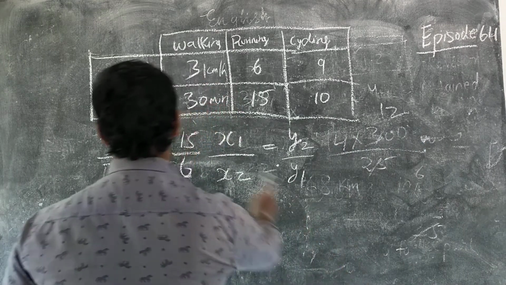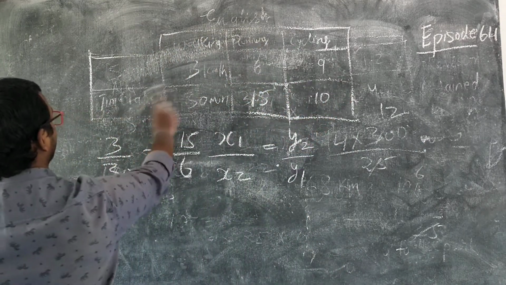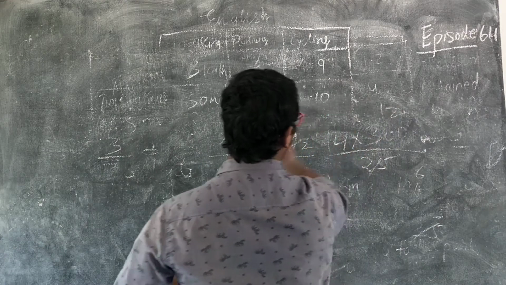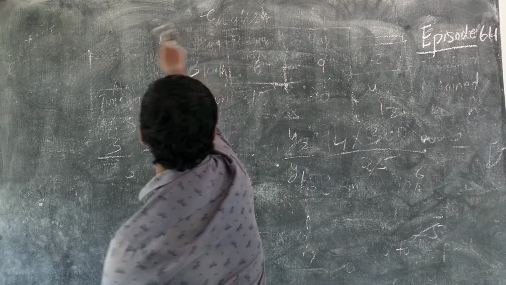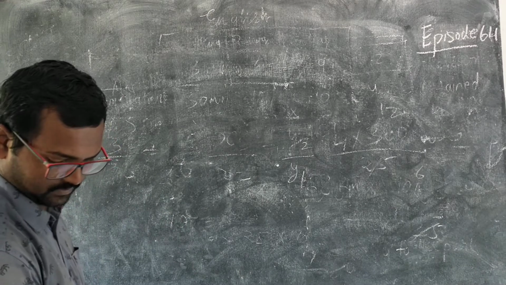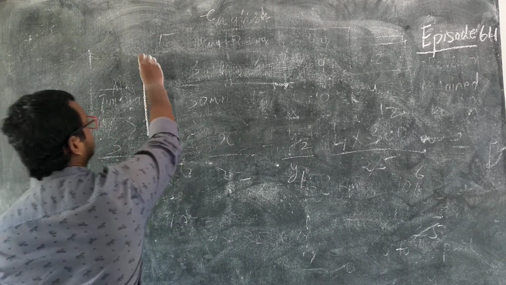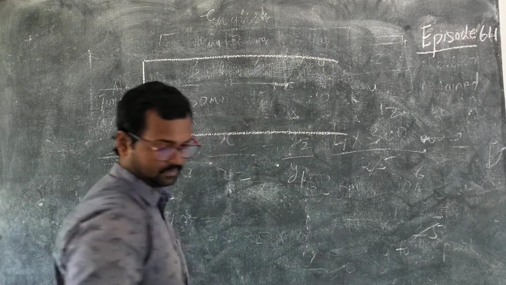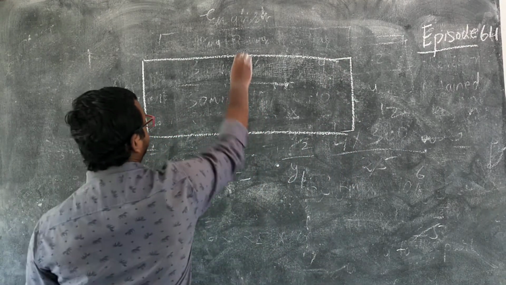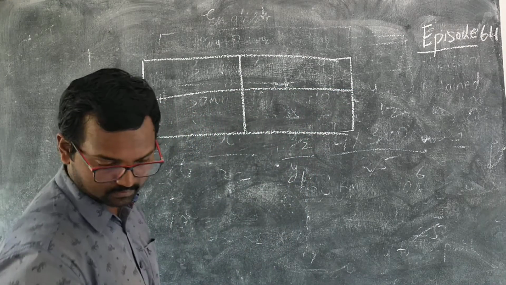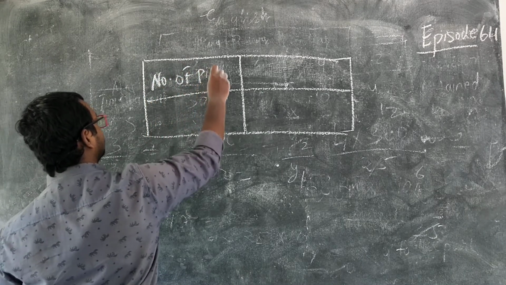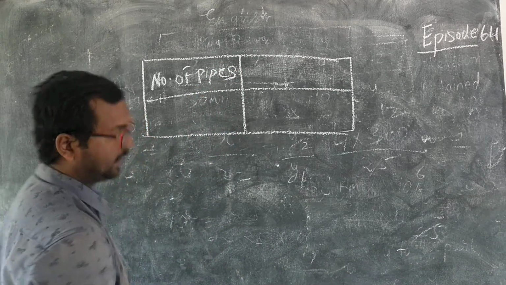So in the book you can see number of pipes divided with time.